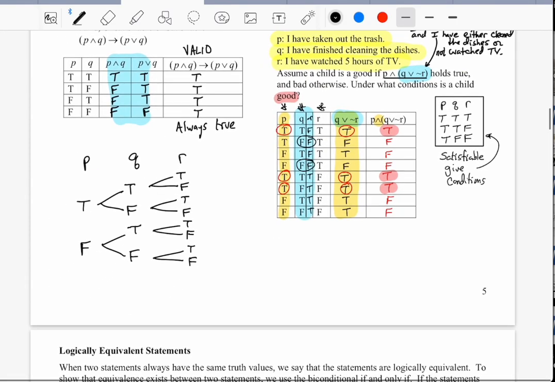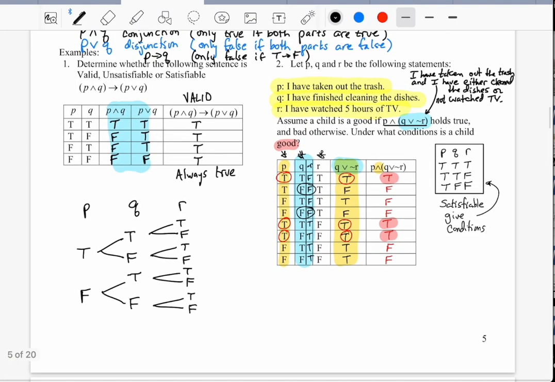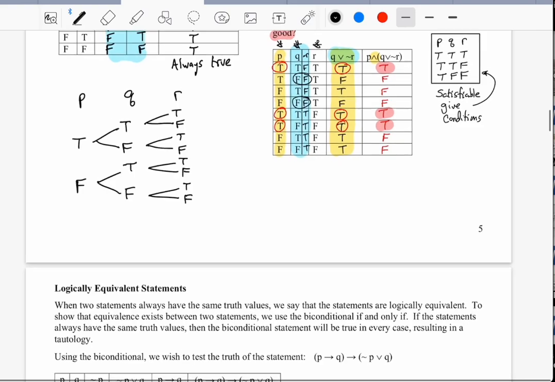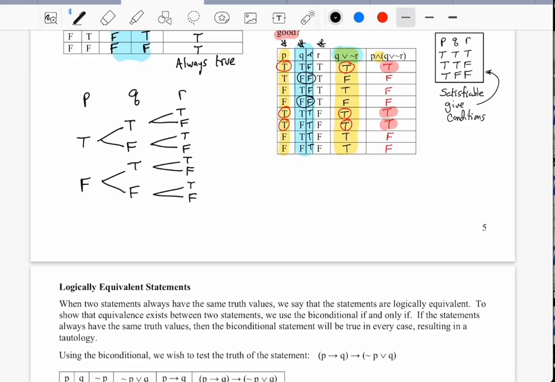All right? But even this sentence here, I've taken out the trash and I've either cleaned the dishes or not watched TV, even that's a little more complicated than we would want it to be. So what we want to learn about is language that's equivalent, but not as complicated. All right? That's probably a good thing. We want to make things easier to understand, not more complicated.